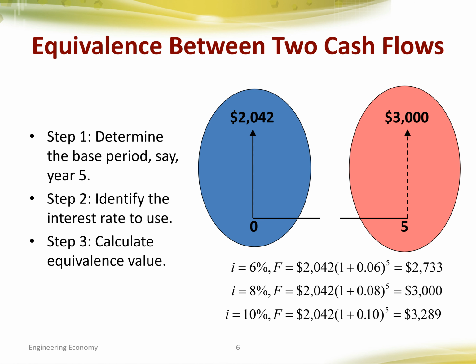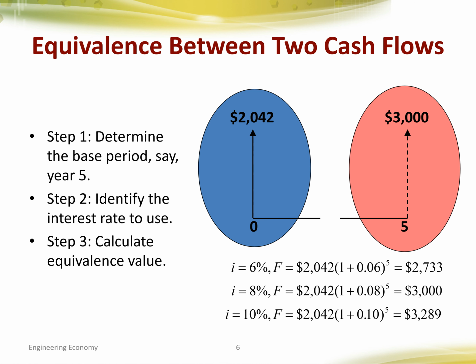So let's just say we consider a period of 5, and between this blue and this pink or orange cash flow, they are 5 periods apart. And if we use interest rate 6%, and present value 2042, to compute the cash flow at the end of period 5, this is what we'll do.